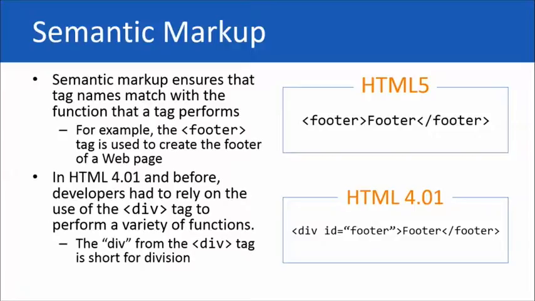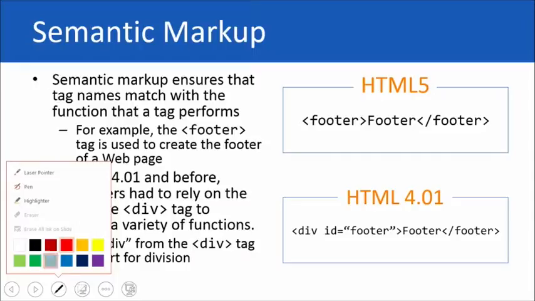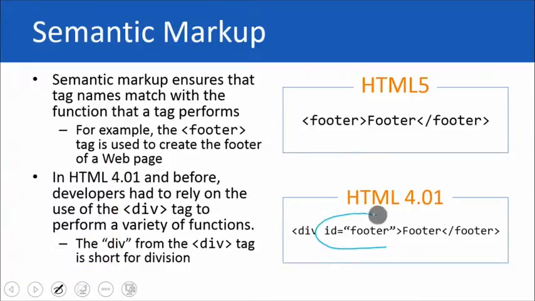So if it was a footer, we'd have to use ID footer, and I'll just go ahead and highlight that here for you. So right here, we'd have to do something like that. Notice the difference. Up here, there's less typing. Down here, there is more typing. Unfortunately, my writing's not very good, but that does say more, I promise you.